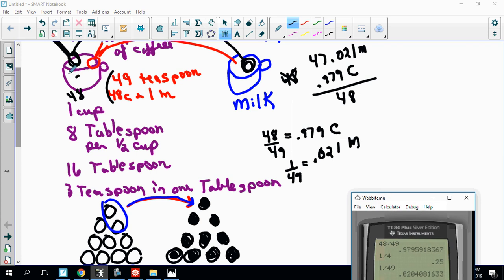So we know this mixture over here is 0.979 coffee, and this is 0.021 milk, because those are the ratios. Now this is 47.021 out of 48.